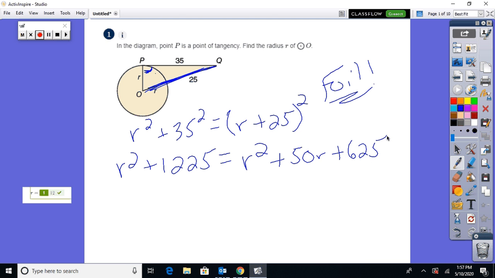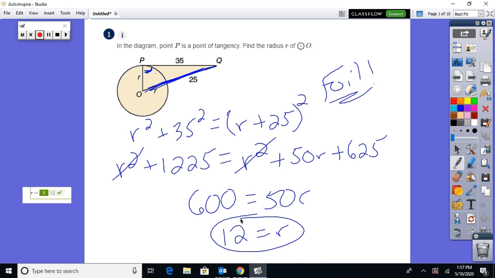Now the beauty of these: subtract r squared from both sides, and then take your 1225, subtract 625, and we've got 600 equaling 50r. Then divide both sides by 50, and my radius is 12.